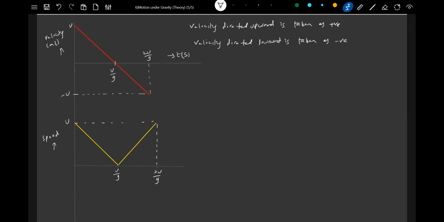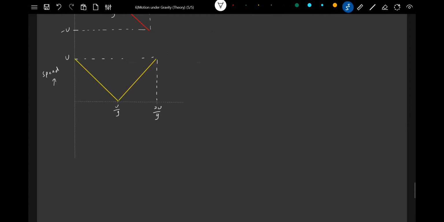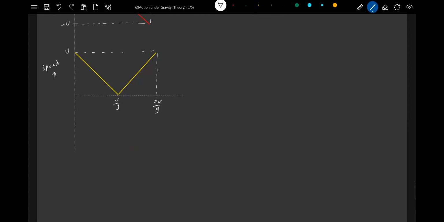What about the position? The position versus time graph. First, it is going to be retarding motion. Then it'll come to instant rest. Then it will descend.